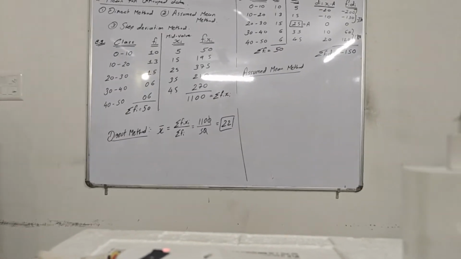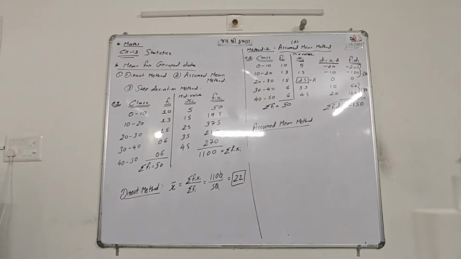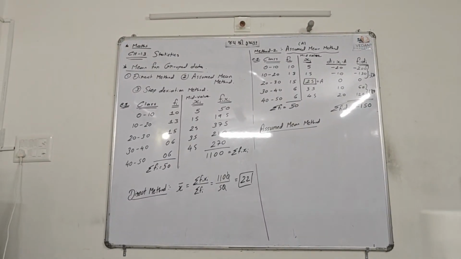Now, formula for assumed mean method. Okay, now it's visible.